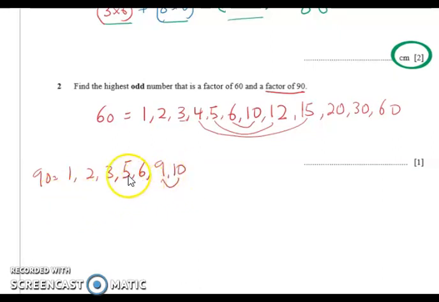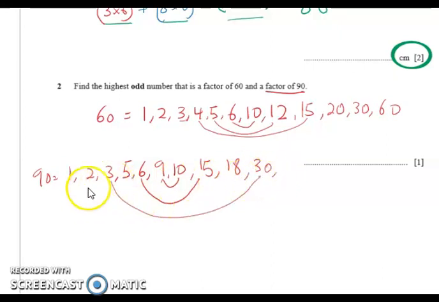So you got here 90, and here will be 15. The multiplication of these numbers gives us 90 here, and then for the 5 it is 18. Then here we have 30 for this, and for the 2 we got 45 and 90.